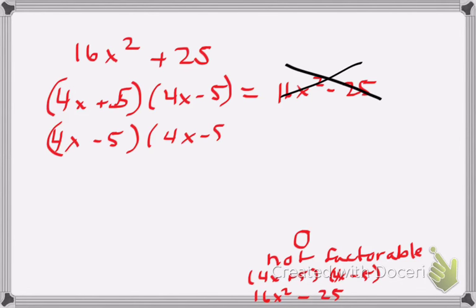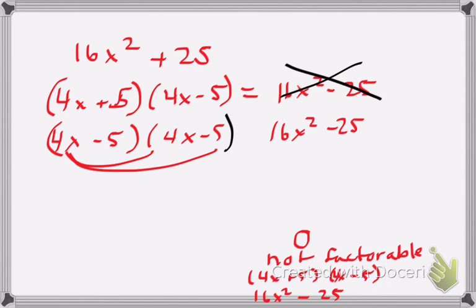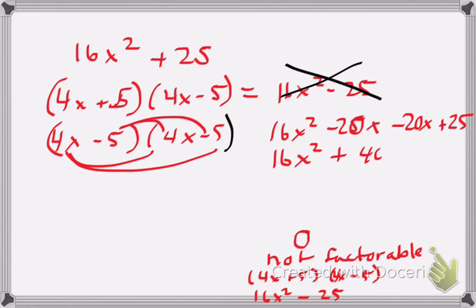We know that doesn't work, and so now I've got, that gives us 16x squared minus 25 minus 20x minus 20x plus 25, and that simplifies to 16x squared minus 40x, sorry guys, and then plus 25.